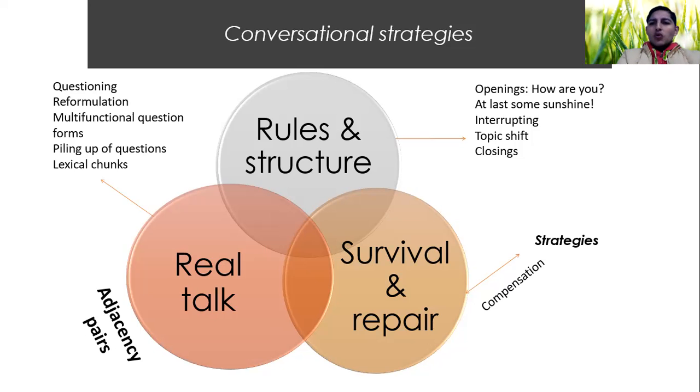But also, according to Harmer, some survival and repair strategies that we just explored have to do with compensation, compensating a lack of knowledge, or when you don't have enough vocabulary for providing meaning. So to a certain extent, you compensate that by means of paraphrasing or repetition or formulating questions.